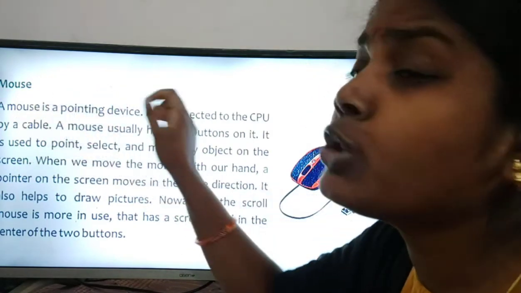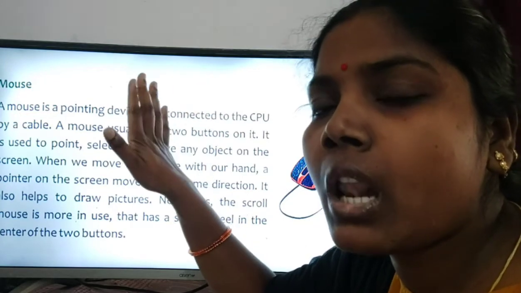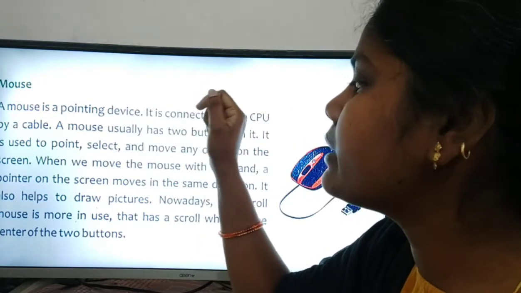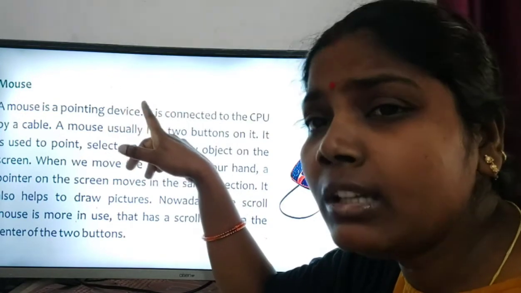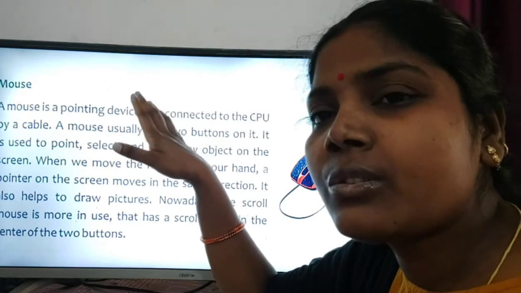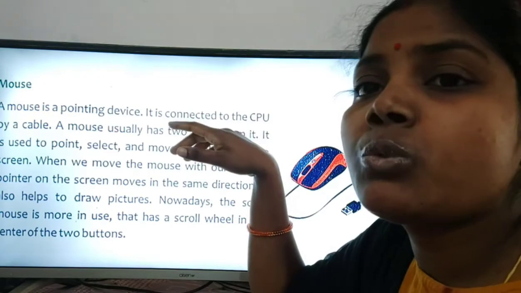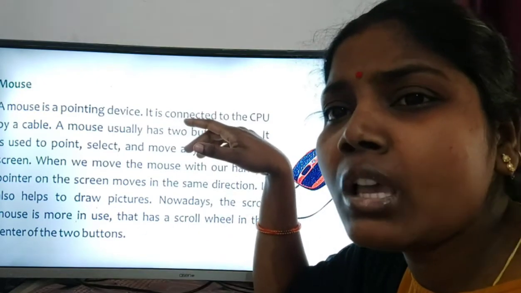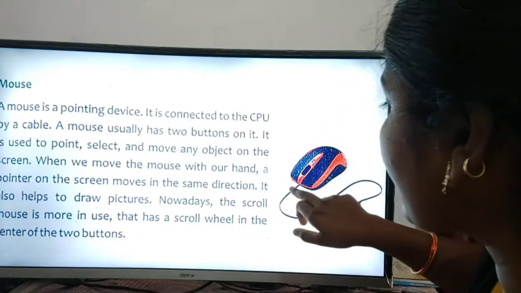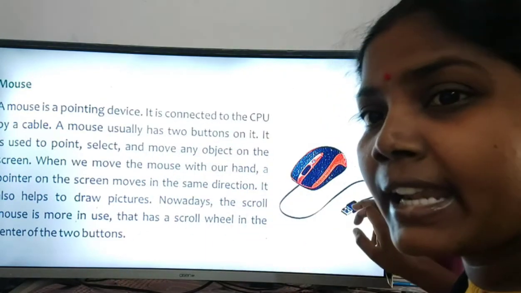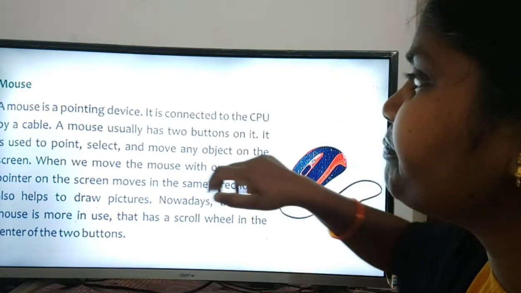If I want to point out a particular line or particular word, then I can use a mouse to point out the words and lines to the student. It is connected to the CPU by a cable. This cable is connected to the CPU, then we are using a mouse.